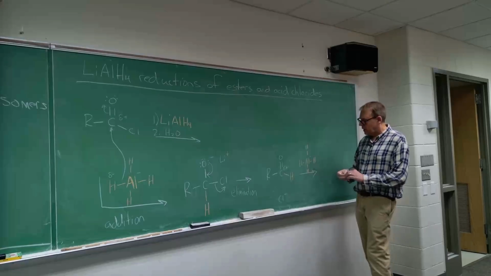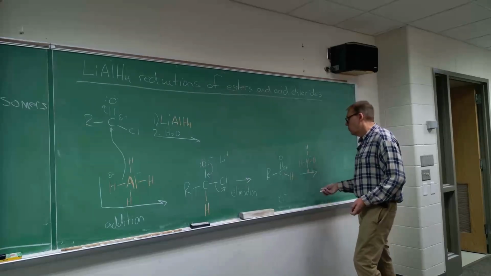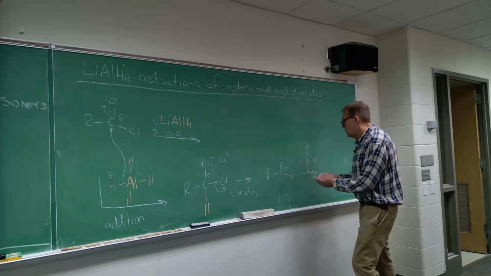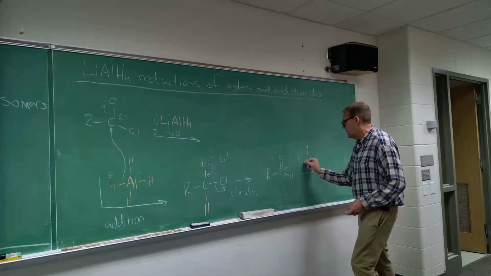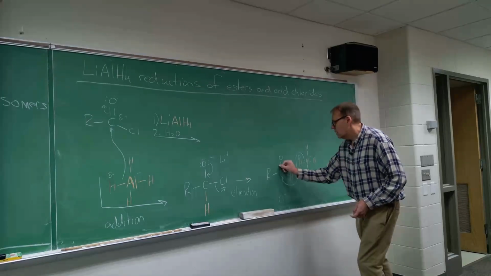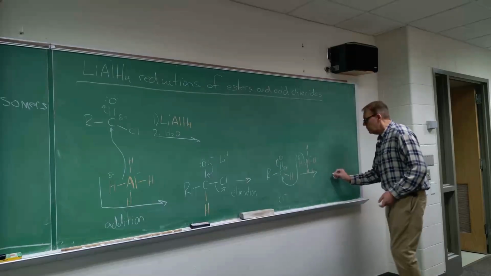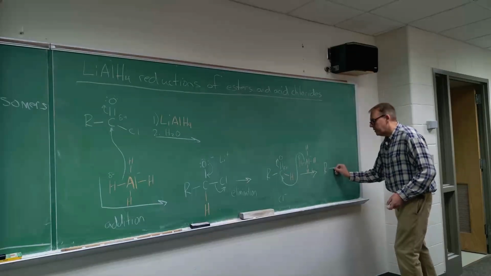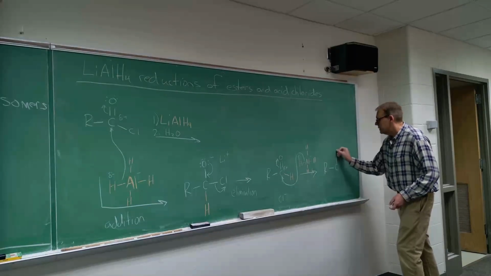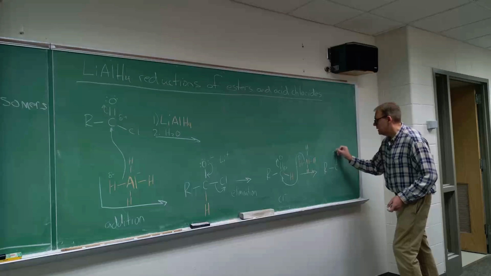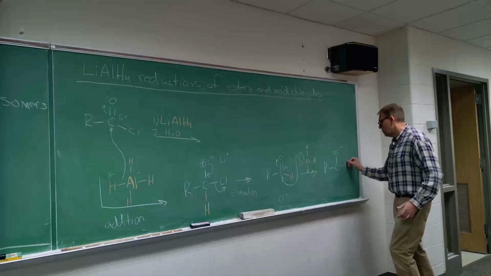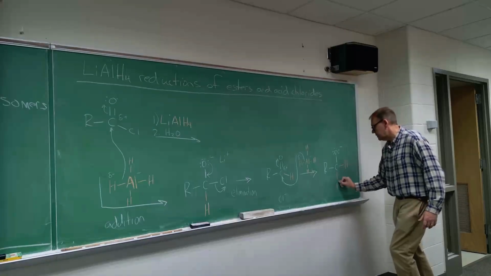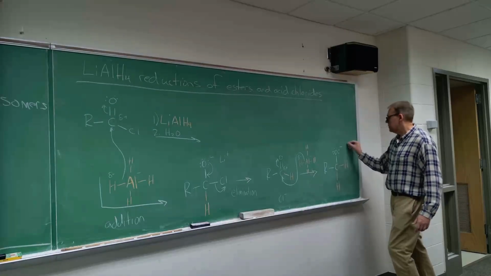And so electrons in one of the H atoms, because it's partially negative, likes to go and attack here. And you get a new intermediate that looks like this, where we've got a second hydrogen that's added. We've added two hydrides now. One from the first addition, one from the second addition. There's a lithium cation here.